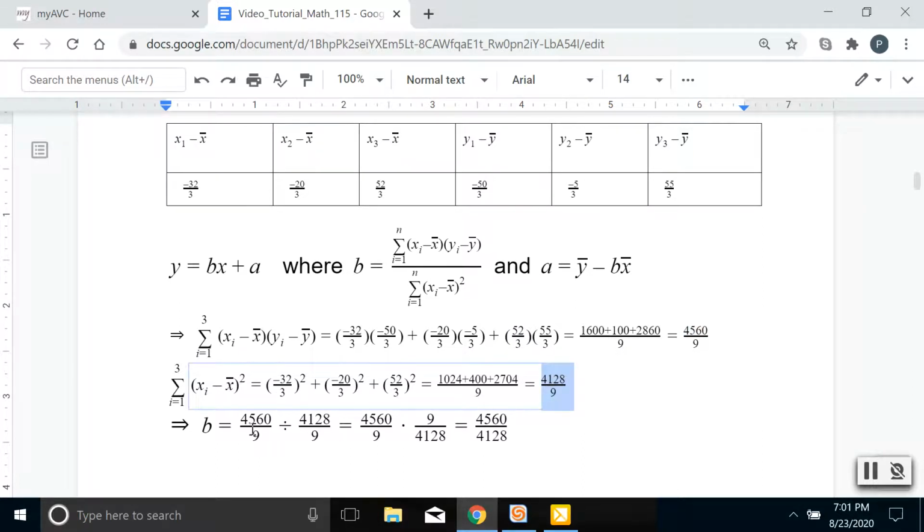When you divide two fractions, you keep the first fraction as it is, change the sign to multiplication, and take the reciprocal of the second one. So I'm going to turn over this fraction, and it becomes 9 over 4128. The 9s will cancel, so this becomes 4,560 over 4,128. Now this simplifies a bit, so let's break it down.